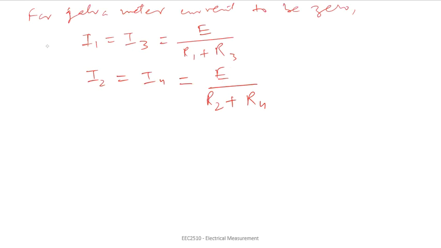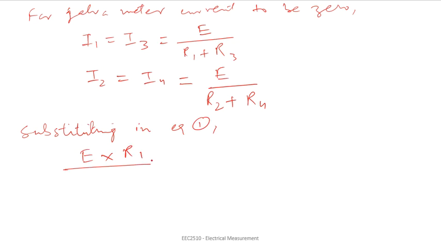so if you substitute these values in equation 1, what you will get, you can just see here. We are substituting the expressions which we have just obtained in equation 1.